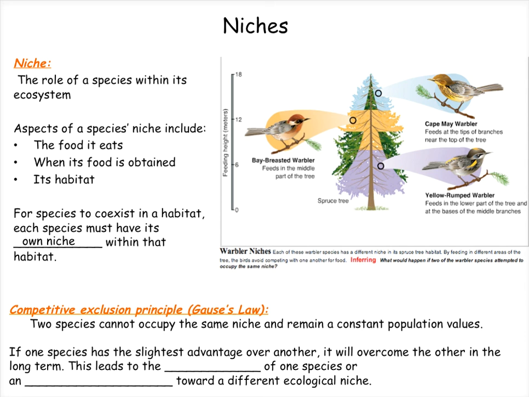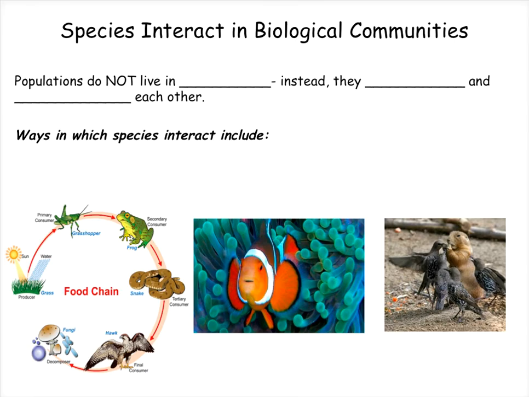This is because if two species try to occupy the same niche, and one species has even the slightest advantage over another, it will eventually overcome the other species in the long term. This leads to either the extinction of one species or an evolutionary shift in that species towards a different ecological niche.